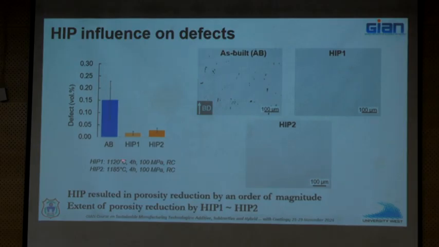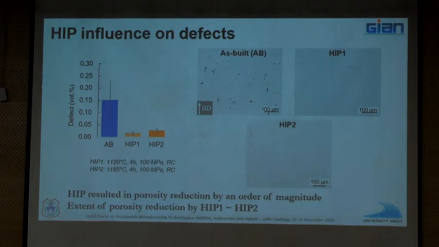Let's take that a little bit further, right? As I told you, these are the two limits of the temperature range specified in the standard for traditional 718. So, we have done this HIPping at two different temperatures, 1120 and 1185, and you can see here slightly better properties for 1120 actually, right?